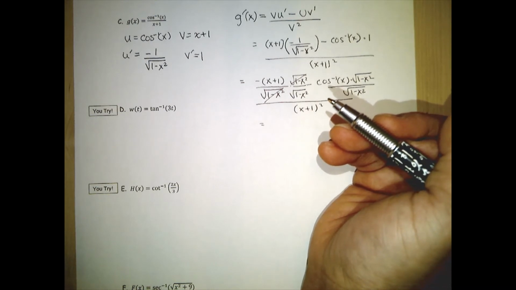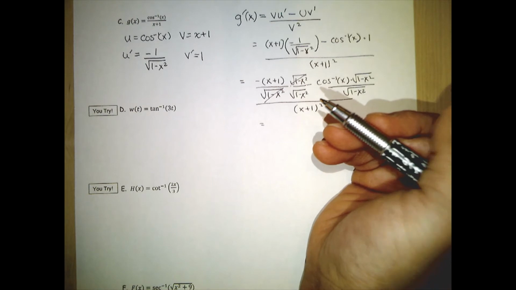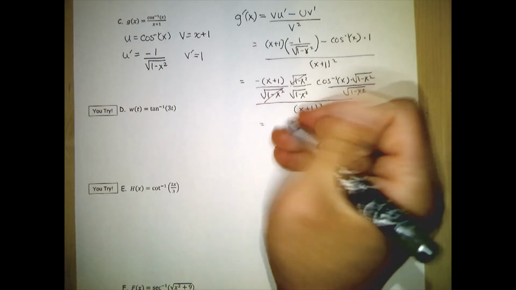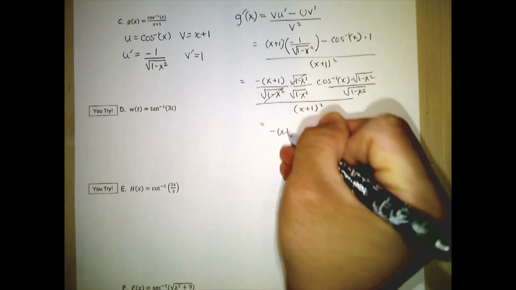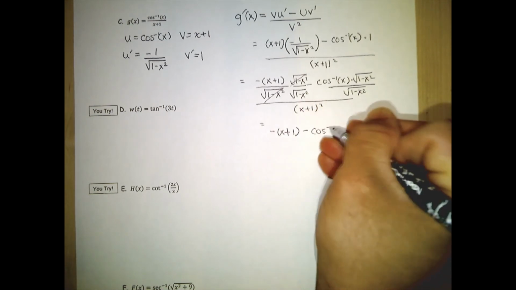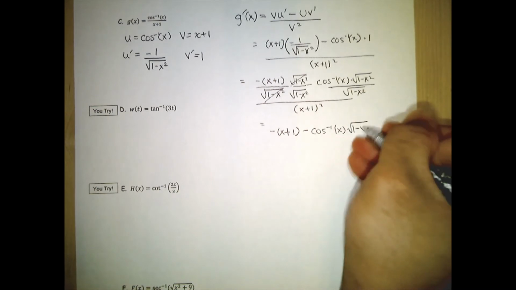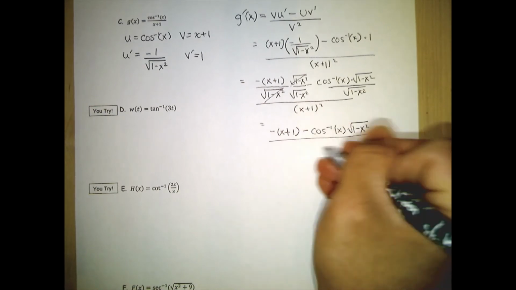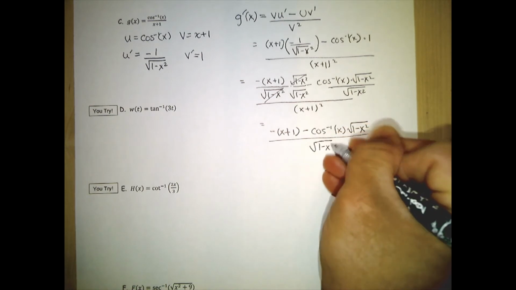And then, let's see, what do we have next? Well, that looks to be all we can really do here, right? So we have negative x plus 1 minus cosine inverse of x times the square root of 1 minus x squared all over the square root of 1 minus x squared.